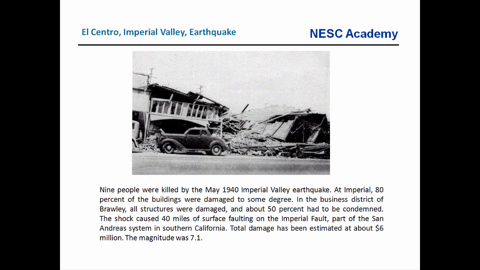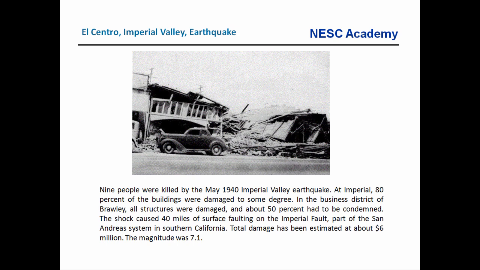So the right instrumentation was in place to make that recording. Nine people, sadly, were killed by this earthquake in May of 1940. Another interesting point is 1940 was a very important year for shock and vibration, and this has nothing to do with World War II, but rather the two important events were this El Centro earthquake as well as the Tacoma Narrows Bridge failure, which happened several months later.